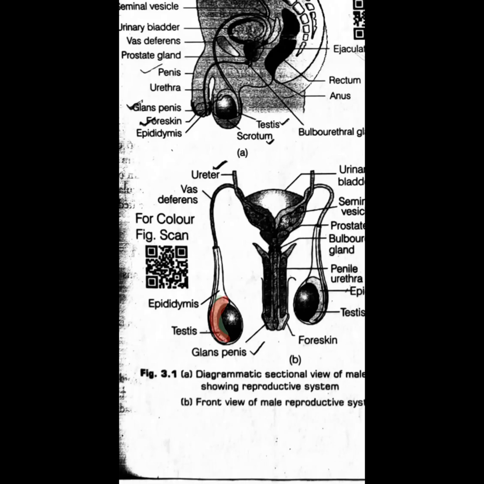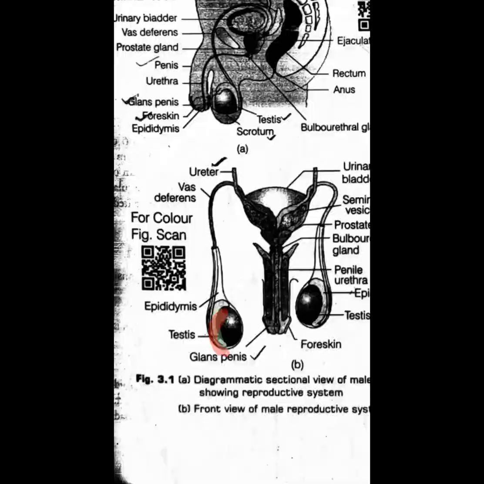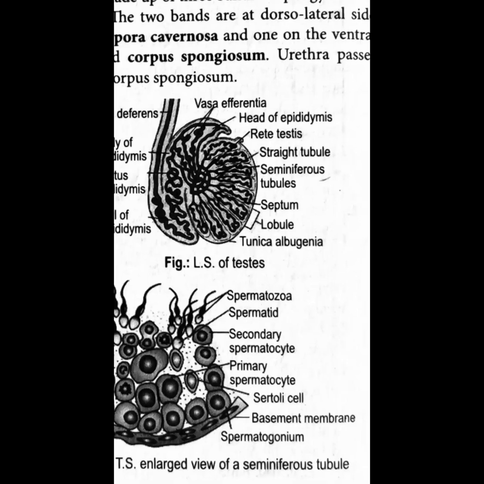Okay, so what is the structure? This is the structure. Okay, till here clear? Any doubt, students, till epididymis? Are you able to make the image in your brain about all the duct systems?